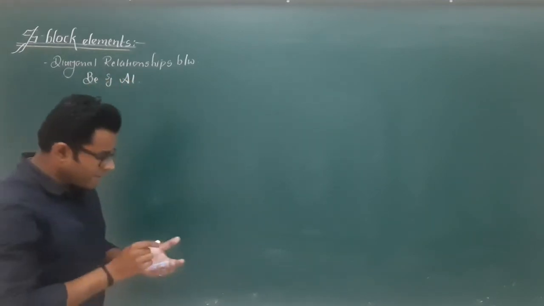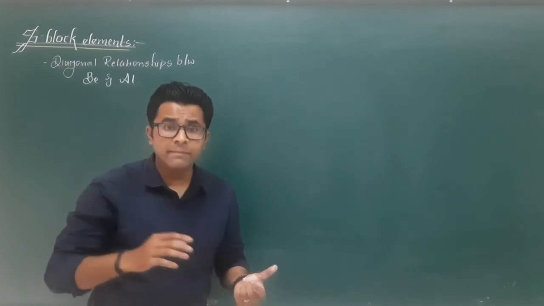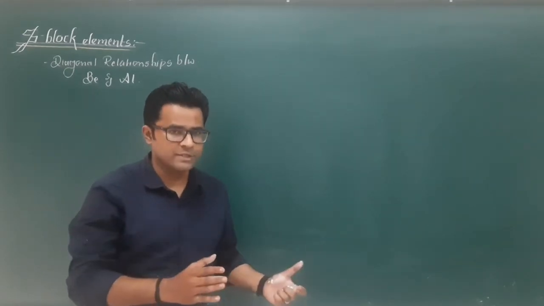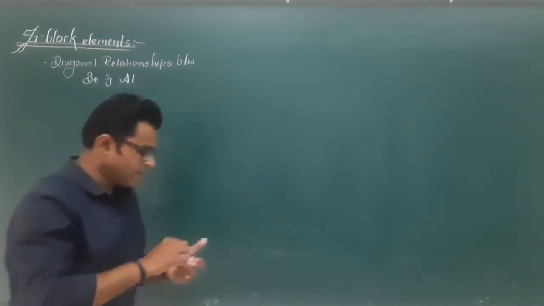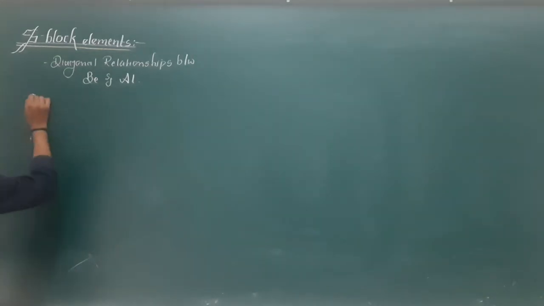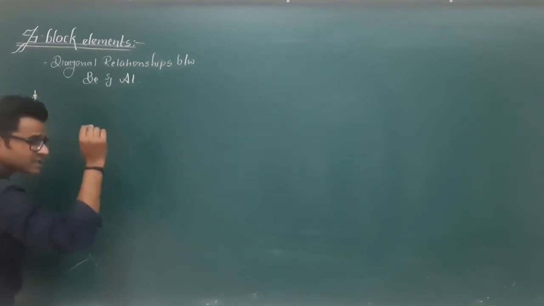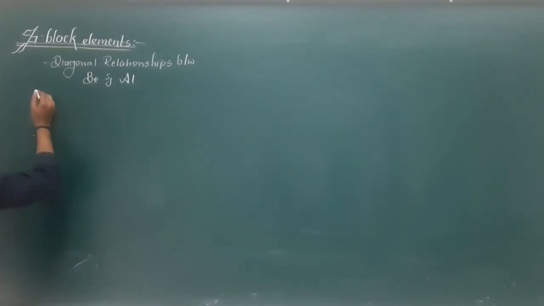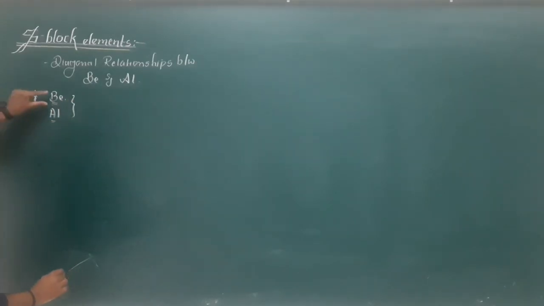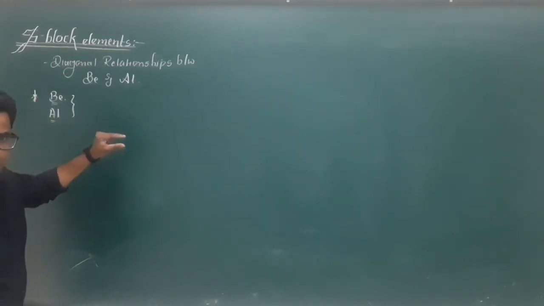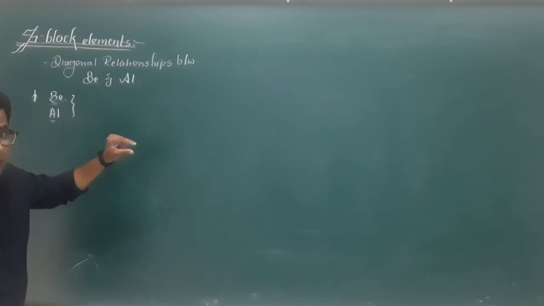When we look into the compounds of beryllium and aluminium, there are certain similarities which we are going to discuss now. The first similarity is that, just like aluminium, beryllium forms oxides. Beryllium and aluminium are not readily oxidized by air.